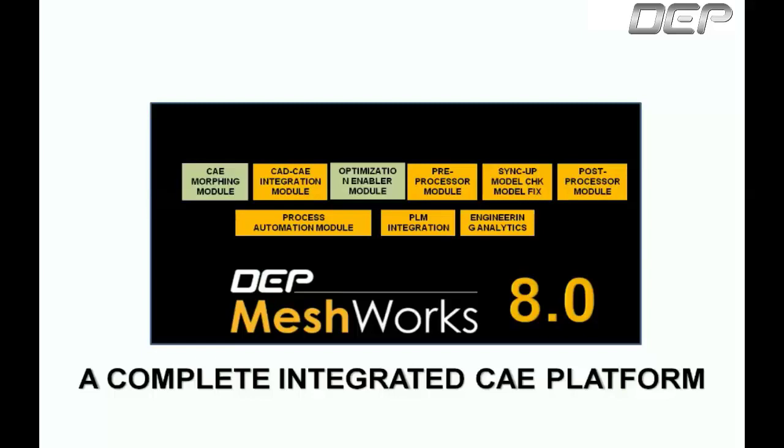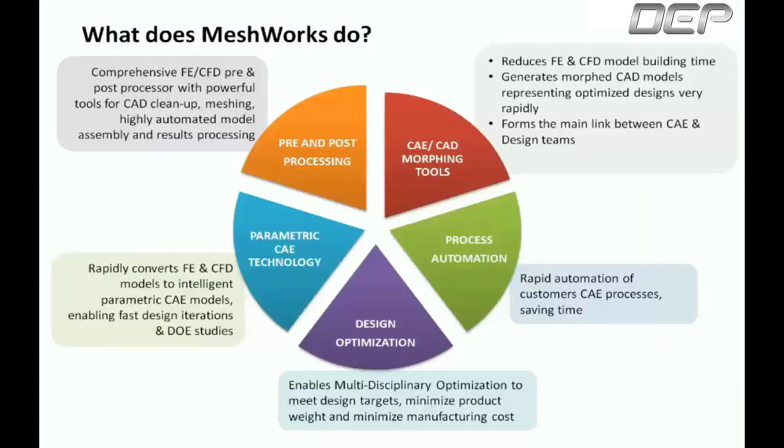Now we have added the geometry cleanup engine, the meshing engine, model checking, post-processing modules, and process automation modules, and now as MeshWorks version 8, it's a completely integrated CAE platform. So that's the brief history of what MeshWorks was and what MeshWorks is today.